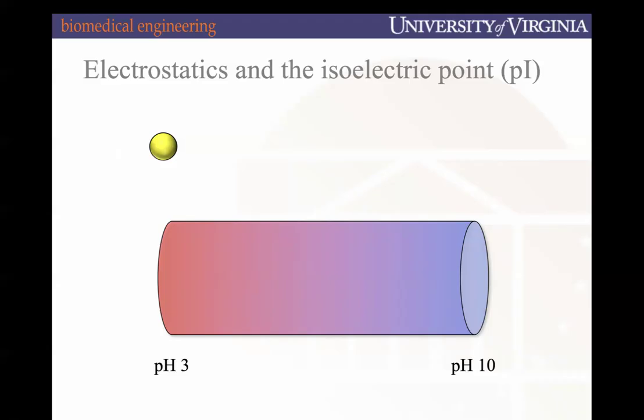If we had a tennis ball protein, for lack of a better phrase, and a conduit that was a gradient of pHs, and we put it within this gradient, at the lower pHs, where it's more acidic and there's an abundance of hydrogen ions, negatively charged amino acids will take up those hydrogen ions, and that helps us understand how negatively charged it is there.